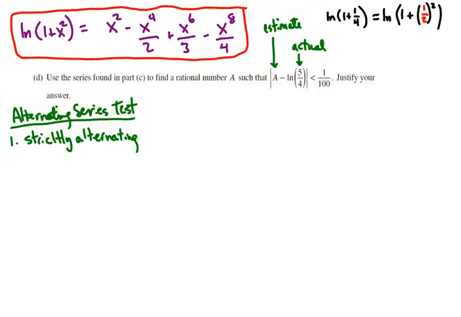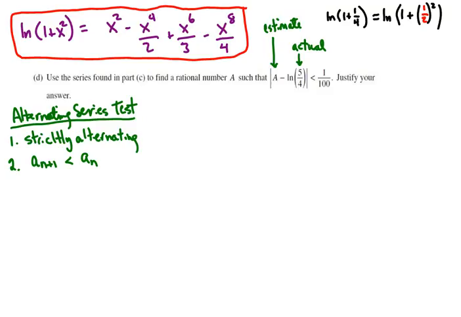The first is that it must be strictly alternating. Now that's pretty easy to see. It should either be positive, negative, positive, negative, or negative, positive, etc. It can't be positive, positive, negative, negative. It must be strictly alternating. Second of all, the terms should be getting smaller in size. So a sub n plus 1 should be less than a sub n. That is, their absolute value should be less.